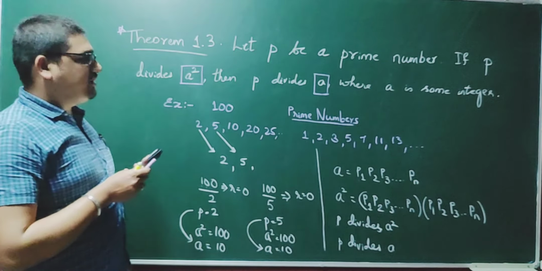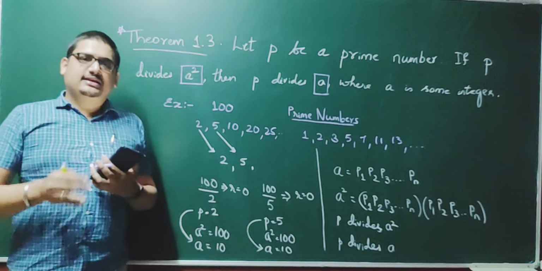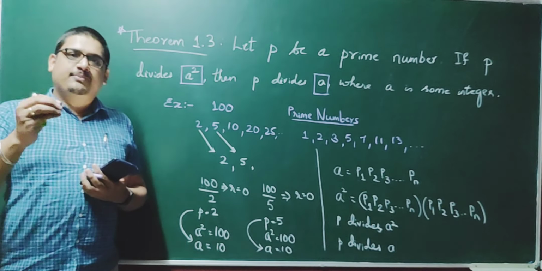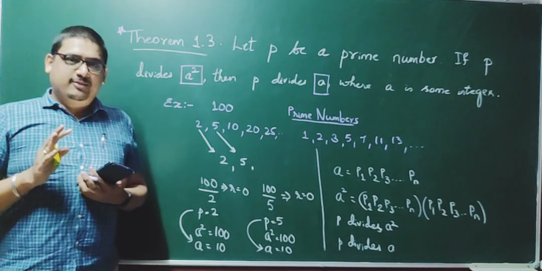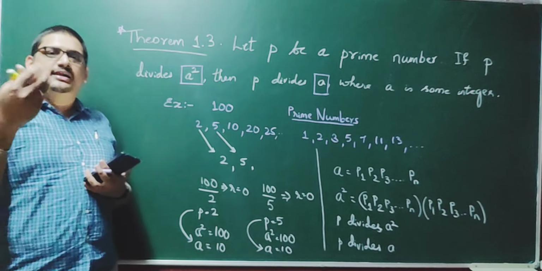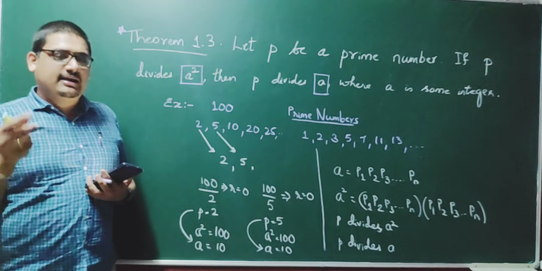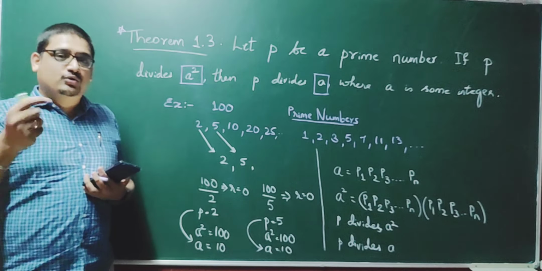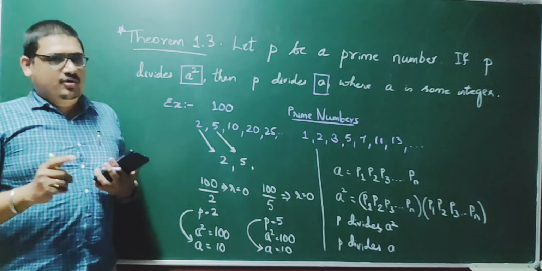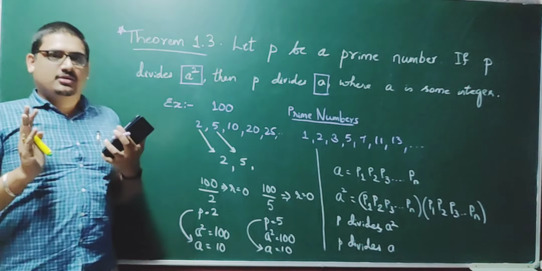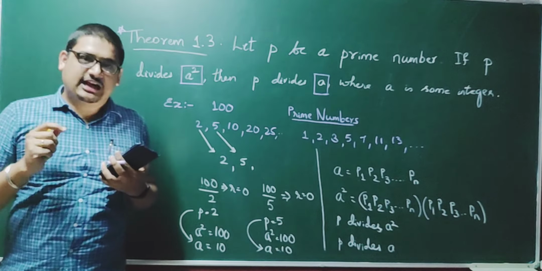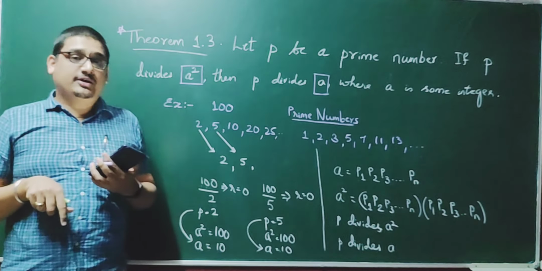Why is this theorem extremely important? Using this theorem, you get many problems in board exams. That means this theorem becomes like a lemma for you. What is a lemma? A lemma is a proven statement used to prove another statement. So using this theorem, you have to prove some other statements which will be asked in your board exams.